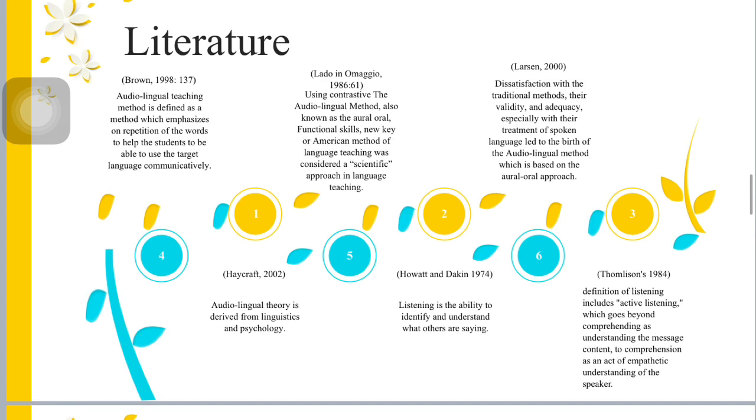And the sixth is Tomlinson's, 1984. Definition of listening includes active listening, which goes beyond comprehension as understanding the message content to comprehension as an act of empathic understanding of the speaker.